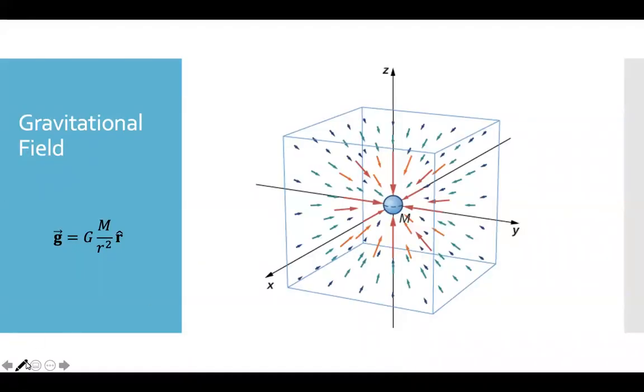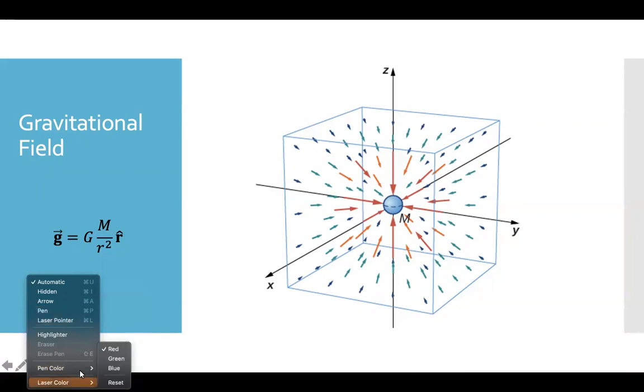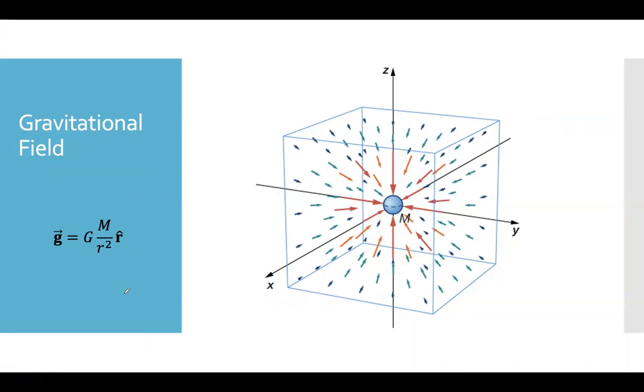All right, let's go ahead and continue with our discussion on gravity. So we are now looking at the gravitational field, and I just wanted to touch on this, noting that gravity is in fact a vector. It moves with some sort of position vector, or it's based in some r hat here.